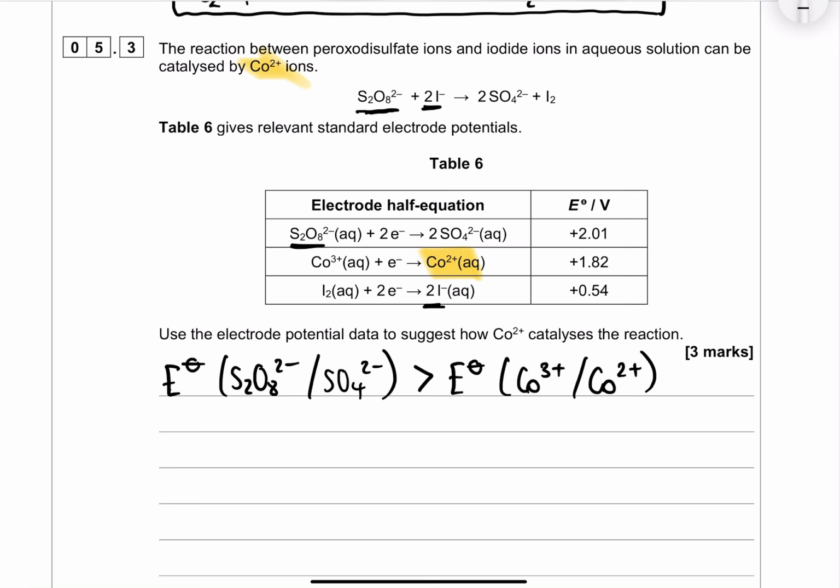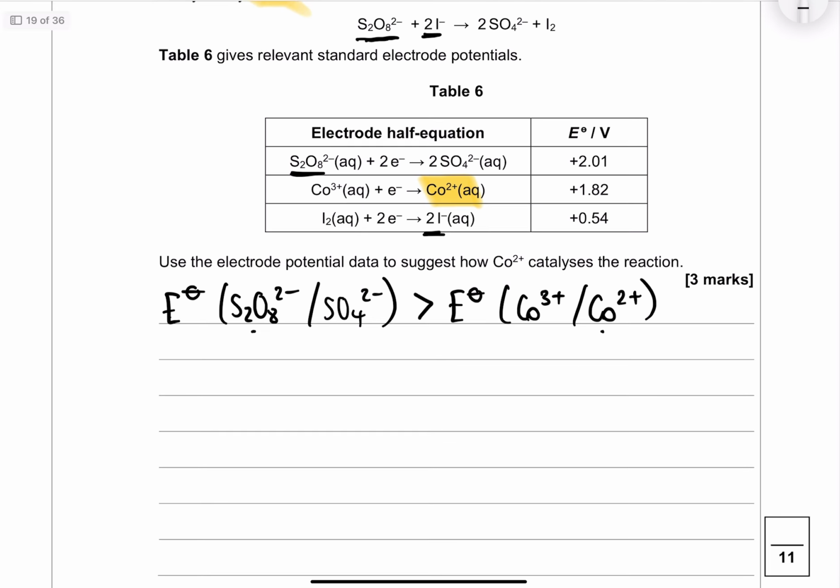What that means is that the first thing on the left-hand side can react with the last thing on the right-hand side. So cobalt 2+ is a reducing agent. It's on the right-hand side. Reduces S2O8 2- to SO4 2-. It causes that reaction to go forwards.